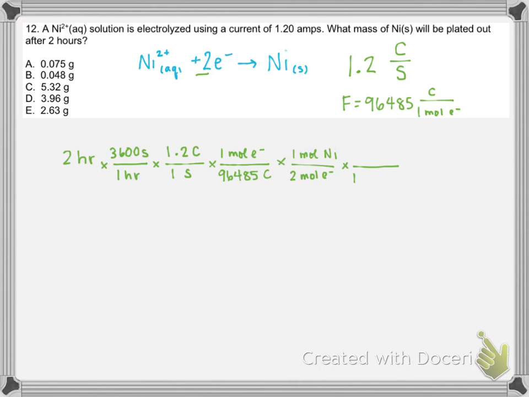So I'm going to have to use the periodic table to get the molar mass of nickel. And then once I've landed in grams, which is the unit I'm interested in, I can multiply through to figure out just how many grams of nickel that would end up being. And it ends up being about 2.627, so it's 2.63 grams of nickel, which corresponds to answer choice E.